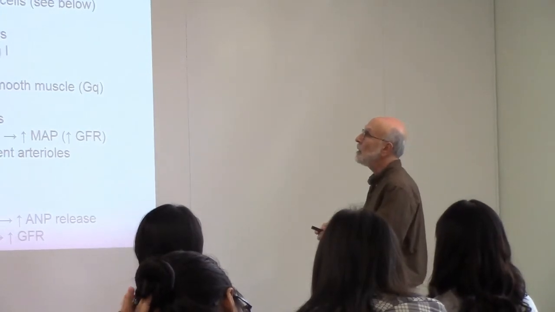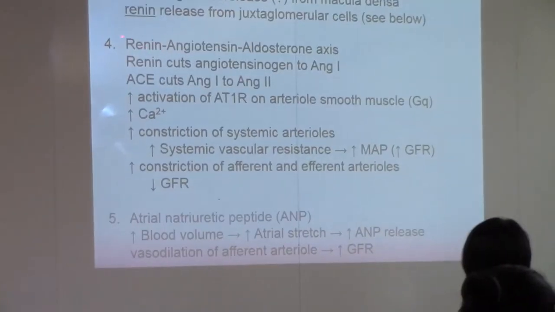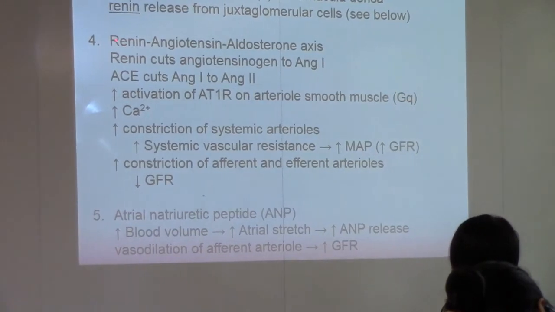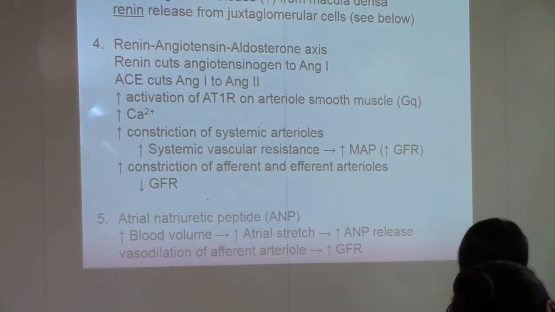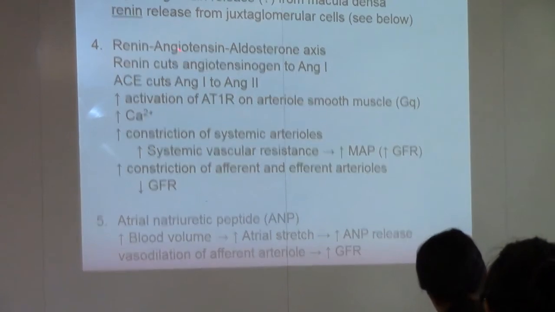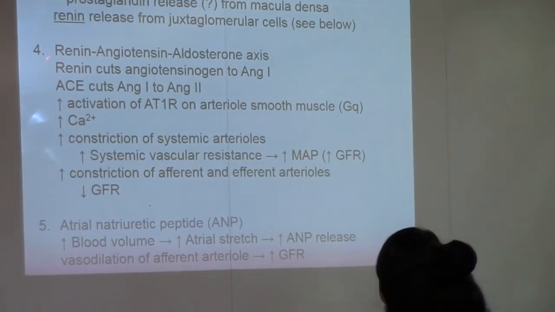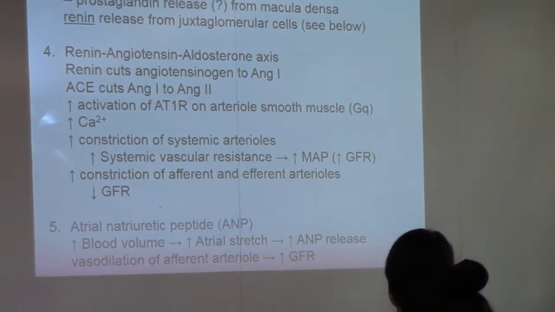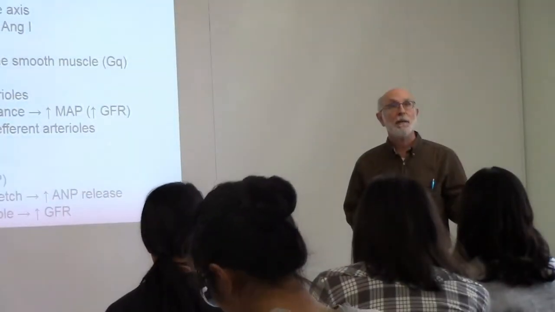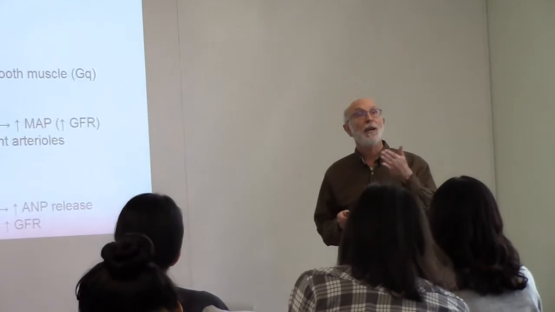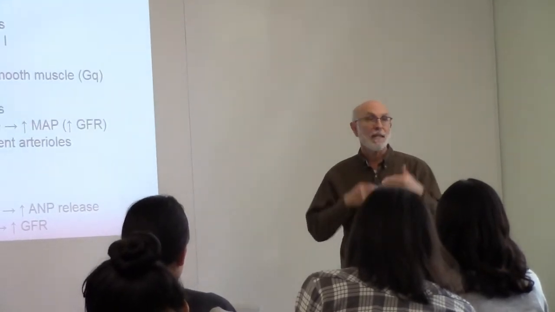So renin is the first step in what's called the RAA axis, the renin-angiotensin-aldosterone axis. Renin is a hormone. It's released into the bloodstream, but it's also an enzyme. So it's an enzymatic hormone.